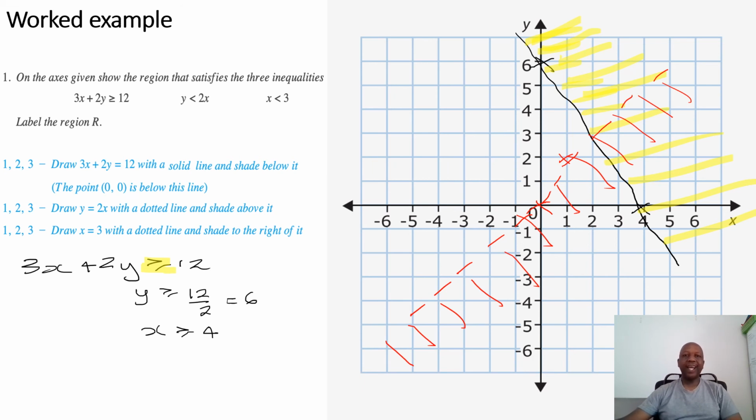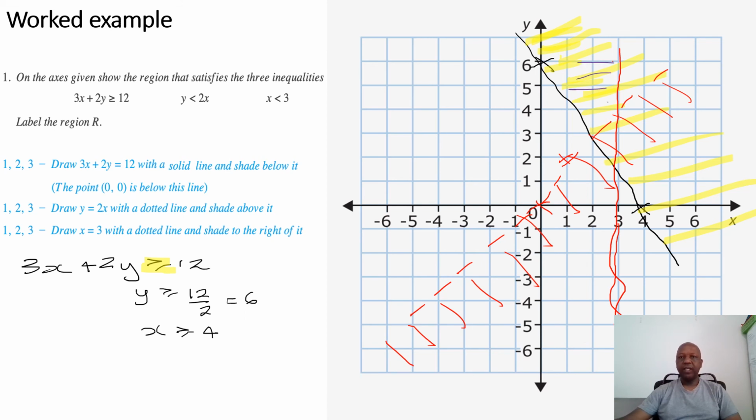And then x is less than 3, right? X is less than 3. That's going to be a solid line going through the point 3 there. All the way vertically down. I apologize about that. And then less than, it's all the points to the left of that solid line.